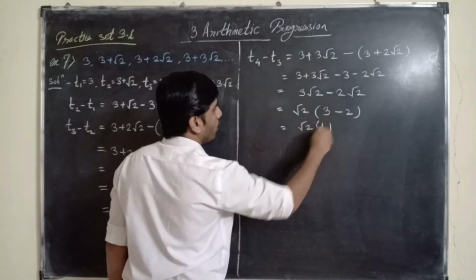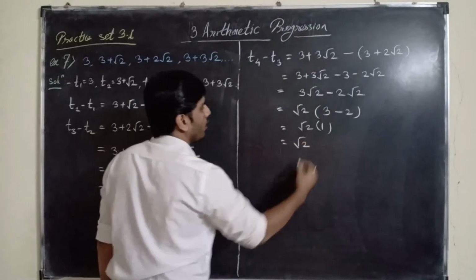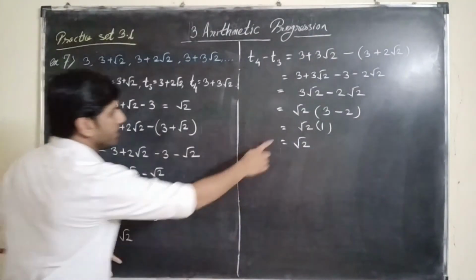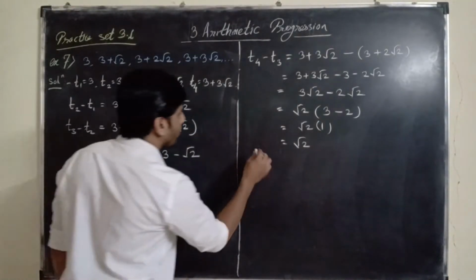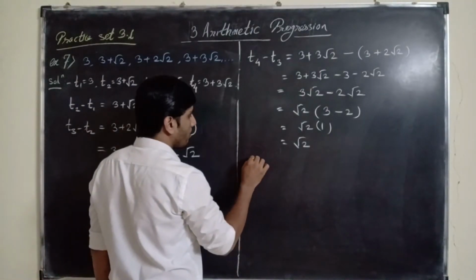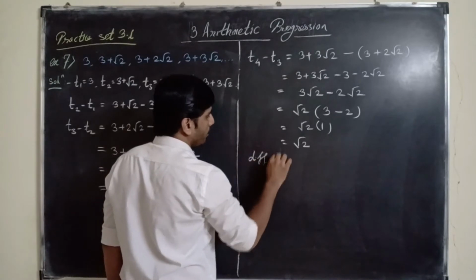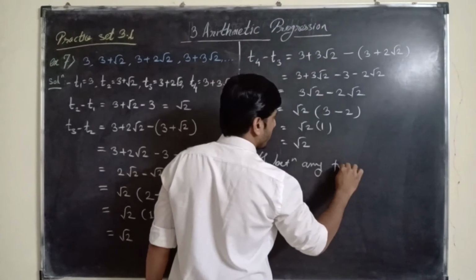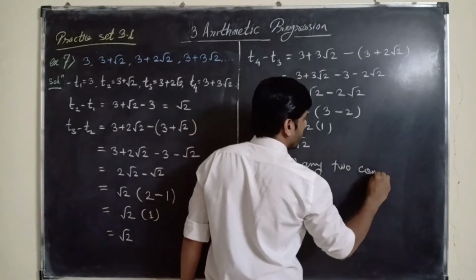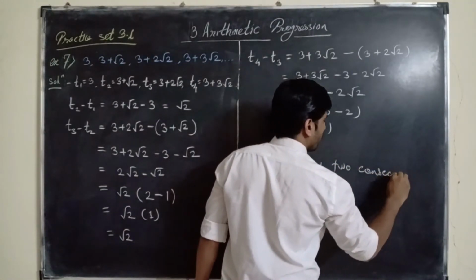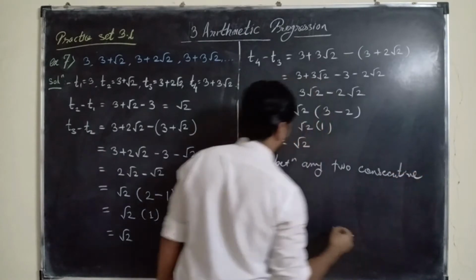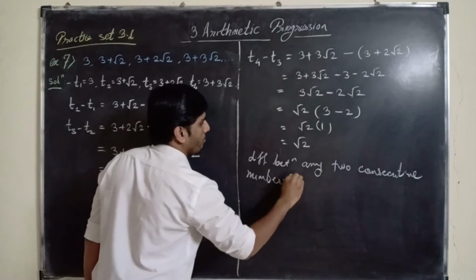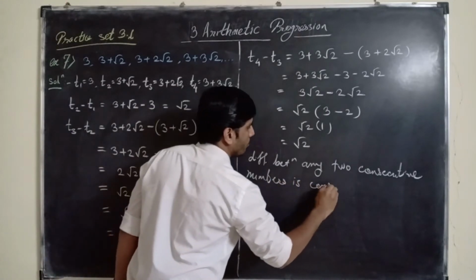So 1 into root 2 again will become root 2 only. So we are getting the same number again. Therefore, we are on the conclusion that the difference between any two consecutive numbers is constant.